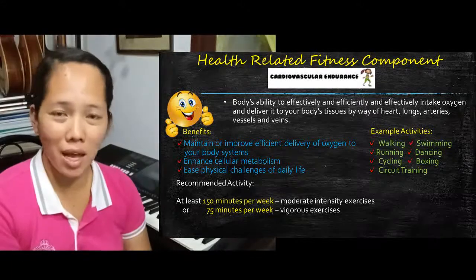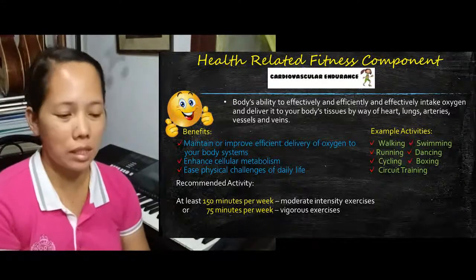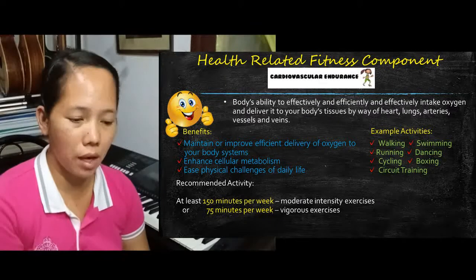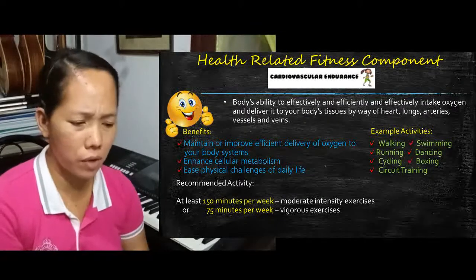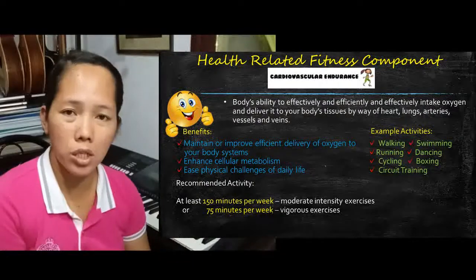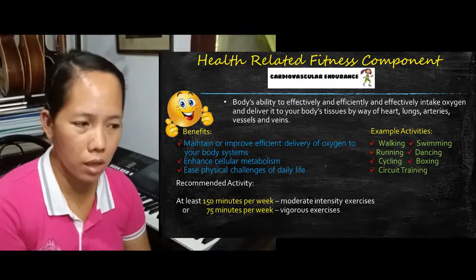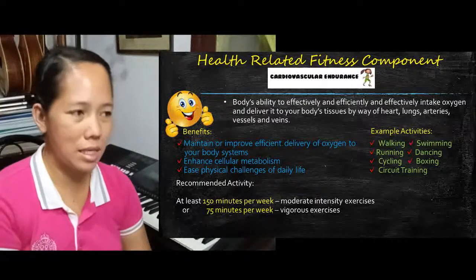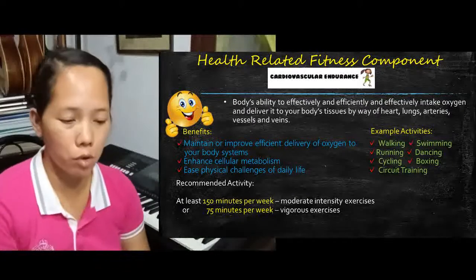Okay, so I got this. If you notice on the slide, there's a recommended activity. Actually, I found it in one of the articles that I've read, or the blogs that I've read, and this is a recommendation of the American College of Sports Medicine, na? So ACSM, American College of Sports Medicine.